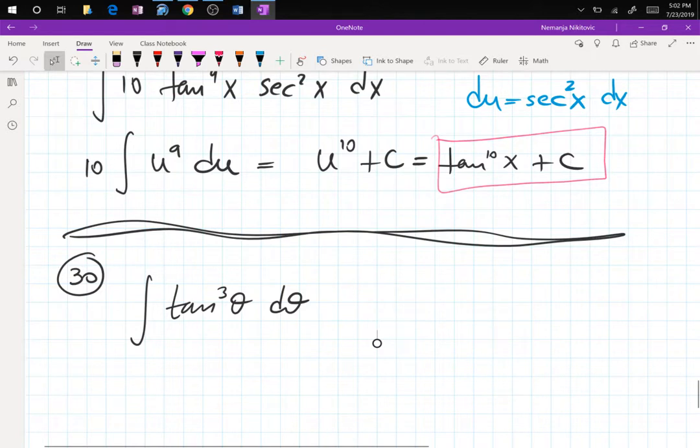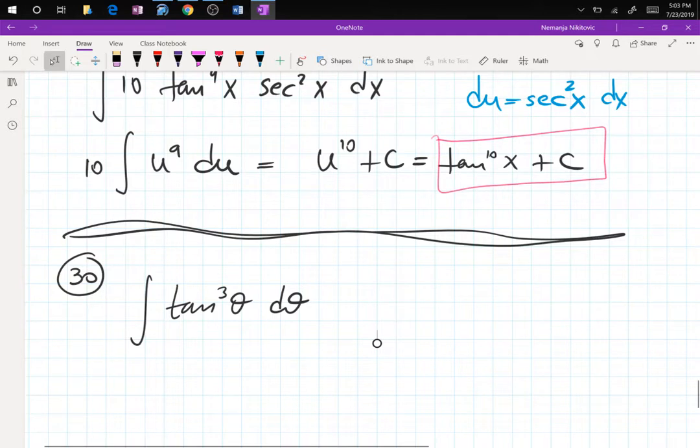So you are not supposed to lose sight of the formula 1 plus tangent squared x equals secant squared x. Because you need that knowledge to move the tangents into secants so you have enough building blocks for the rest of the problem.